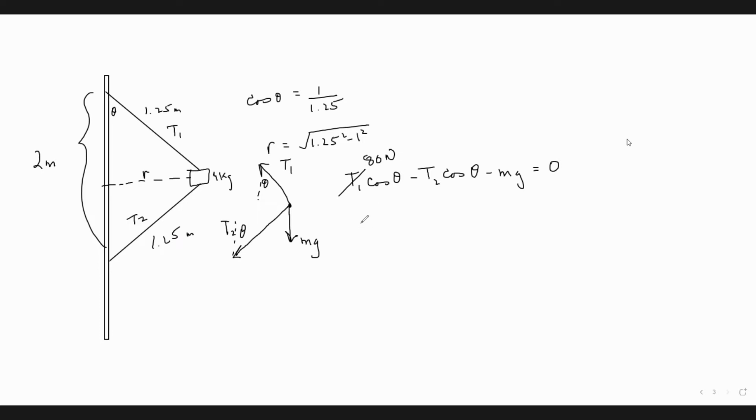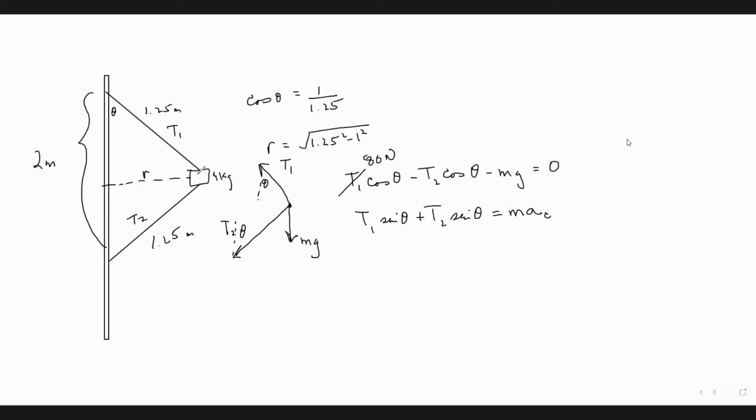Now, they would like to know how fast this thing is spinning. Well, we can do that by doing the forces in the horizontal direction. T1 sine theta plus T2 sine theta has to equal m times the centripetal acceleration.